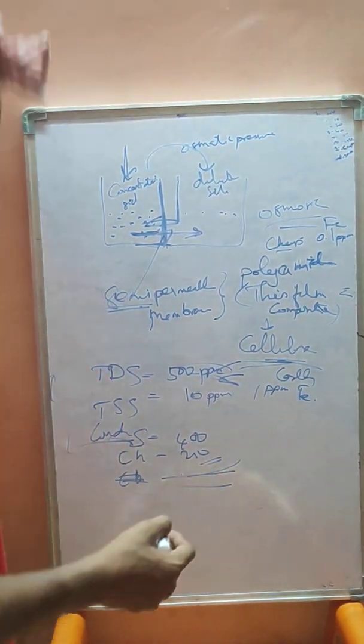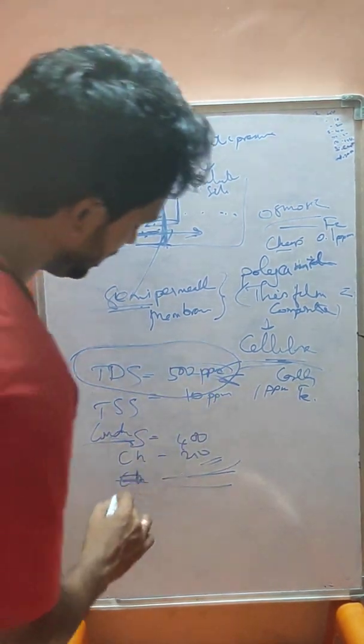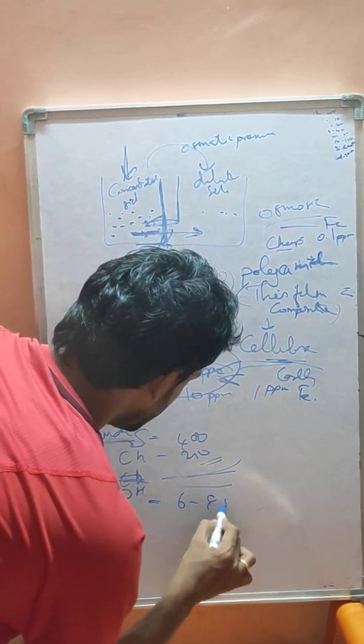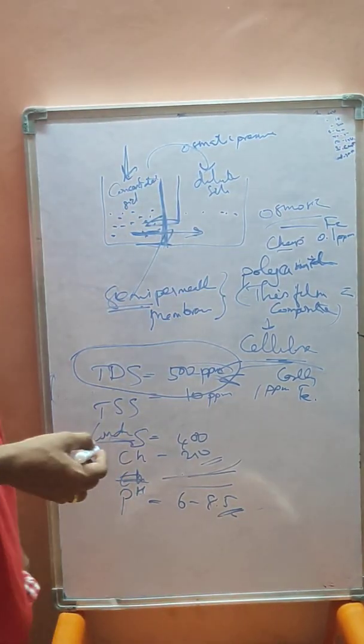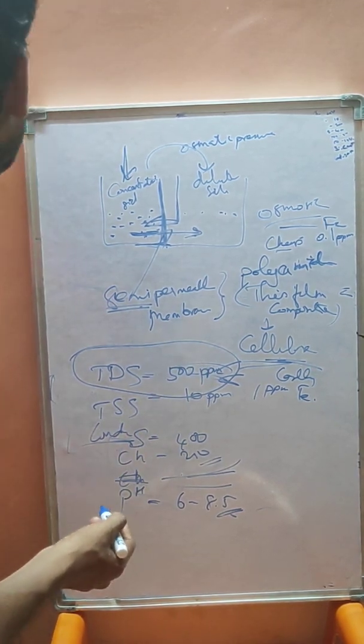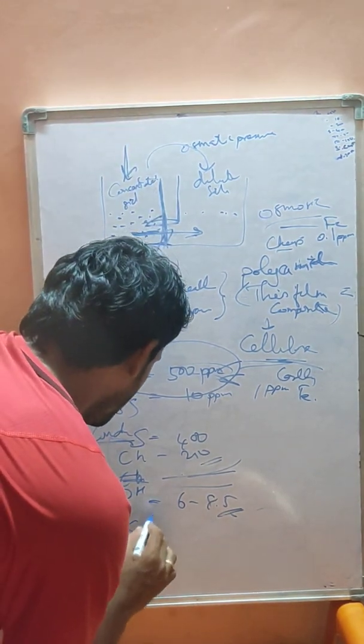We have more specifications like this. Mainly we see TDS and pH, which should be between 6 and 8.5, so we can take it for drinking. Silica content is also very important.